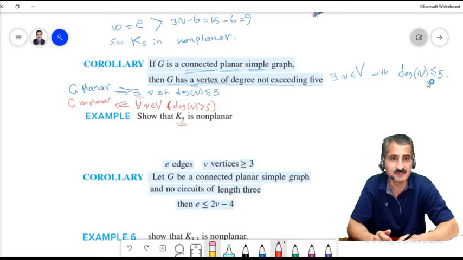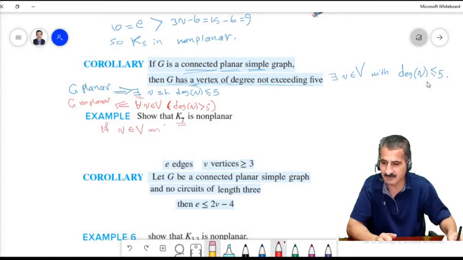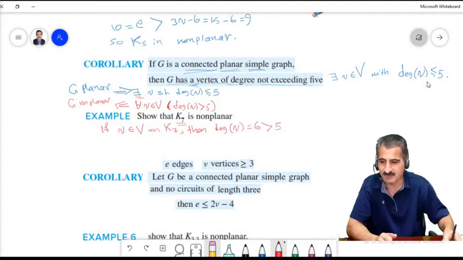That means the degree of every vertex is 6 exactly. So in here, if V belongs to the vertex set of K7, then the degree of V equals 6, which is greater than 5. So for every V belonging to the vertex set, we have degree of V greater than 5.